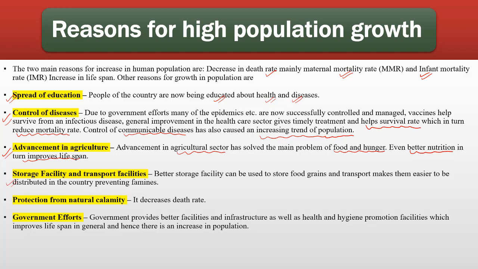Storage facilities and transport facilities. Better transport and storage facilities can be used for storing food grains, and with transport facilities these food grains can be supplied to different places according to demand.